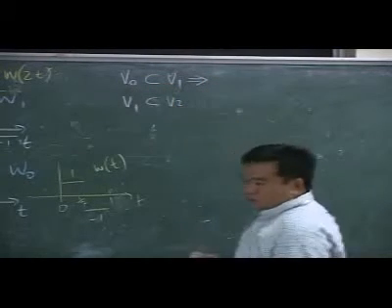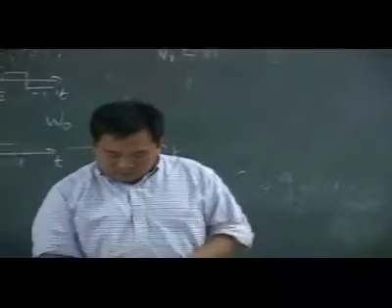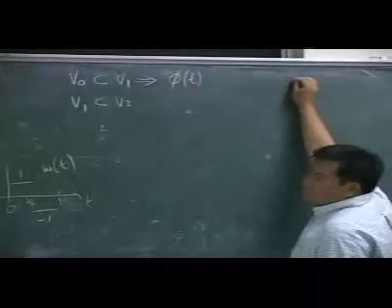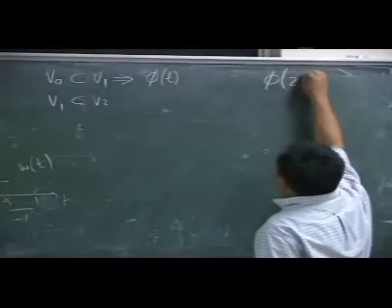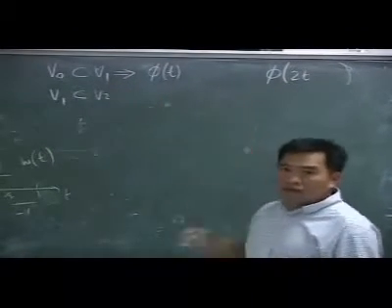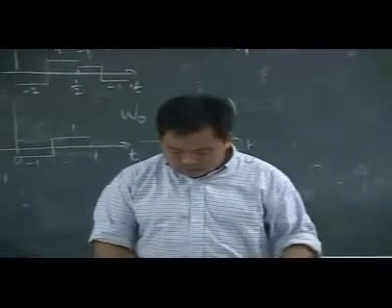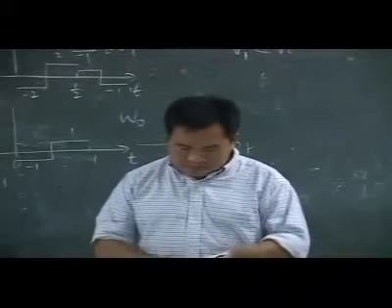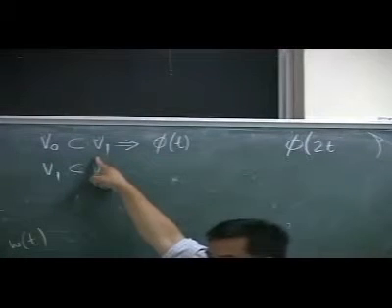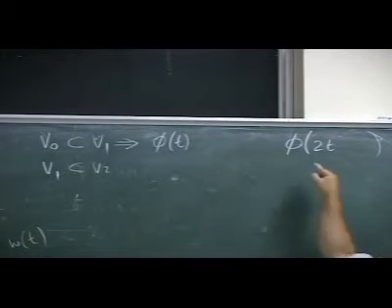What is the basis function of V0? Phi of t. What's the basis function in V1? Phi of 2t. Tell me how to write this statement using basis function. V0 in V1. I know that the basis function in V0 is phi of t, and the basis function in V1 is phi of 2t.